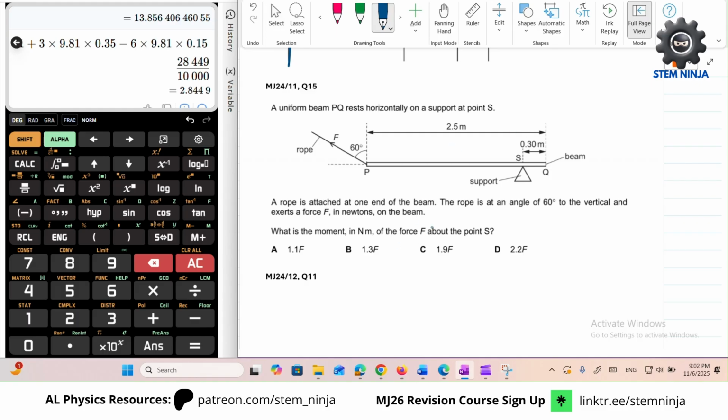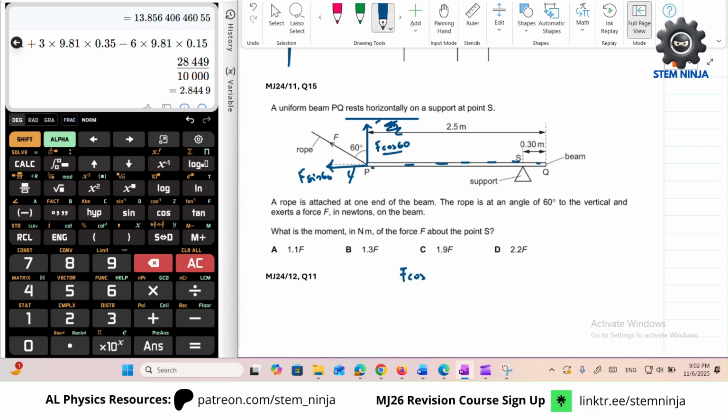So rests horizontally means equilibrium. So this is F sine, oh sorry, no, cos of 60. And the F sine 60, remember, its line of action of force is passing through the pivot. So this will not be counted. We only need F cos of 60.